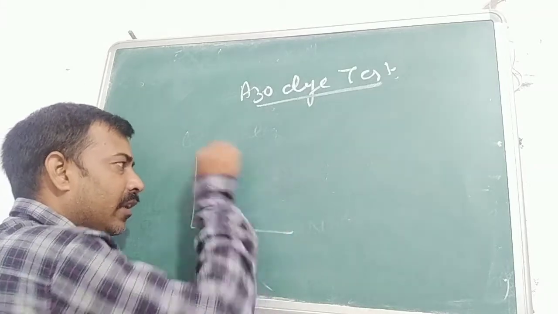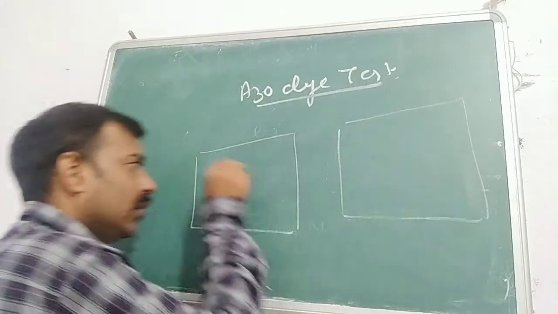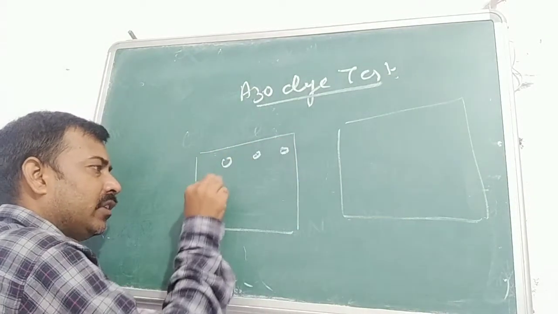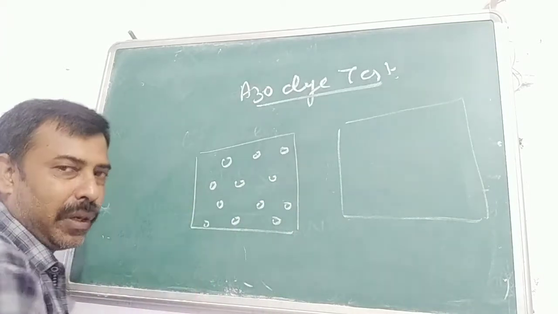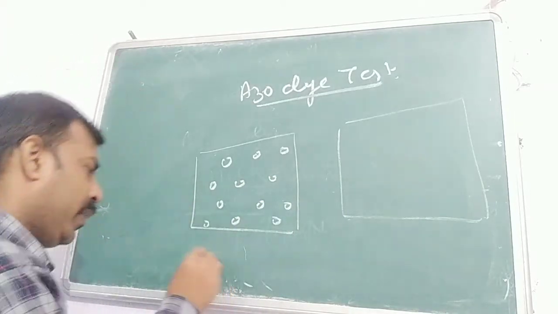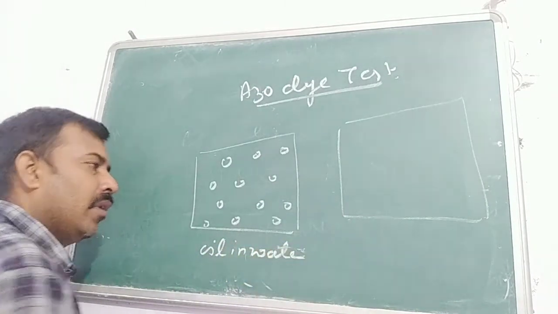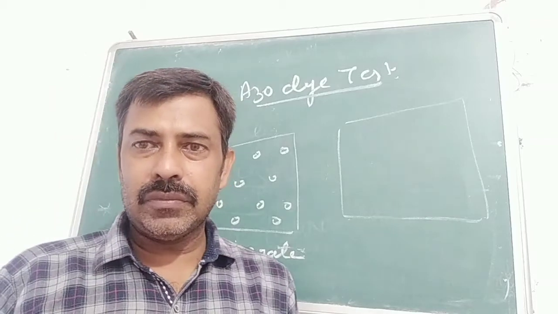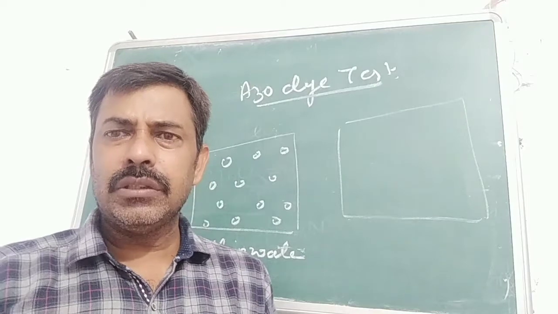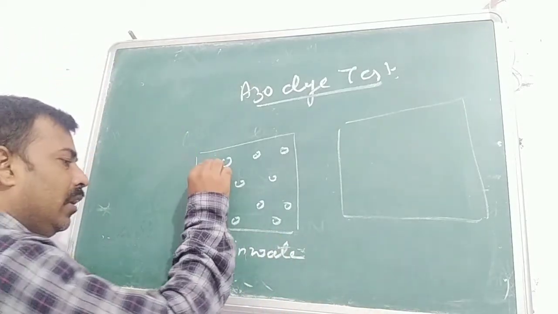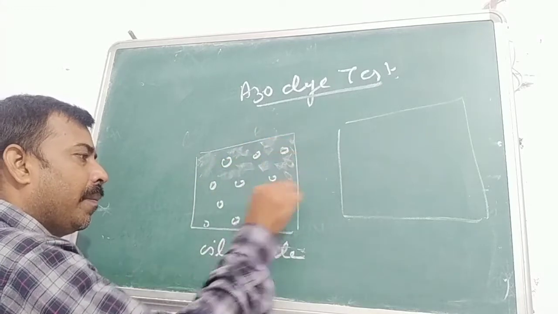Consider two different emulsions, one oil in water and the second water in oil. These are the dispersed phase particles within the system. If it is oil in water and you add the azo dye, a type of dye made from aniline-type species, then the medium will become colored.